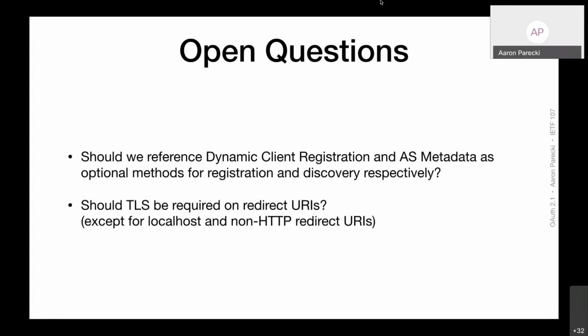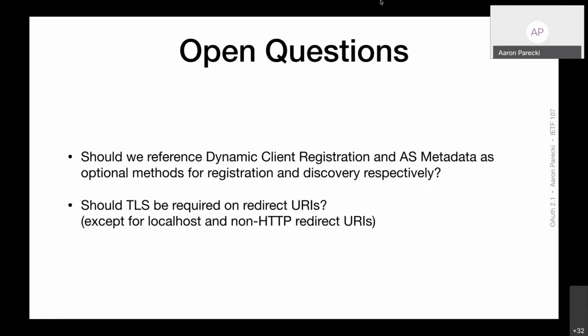So client registration, there is a client registration section in OAuth 2.0 in the core RFC. It mainly just says this is out of scope of the draft. So we could at least reference that there are some RFCs that talk about different ways to do these as optional. There's another interesting one, which is whether redirect URIs should require TLS, of course, except for localhost or non-HTTP ones.